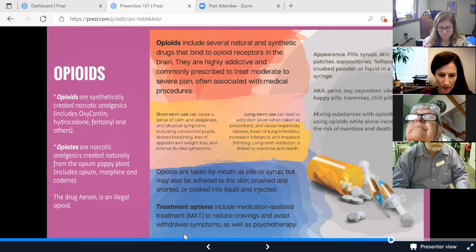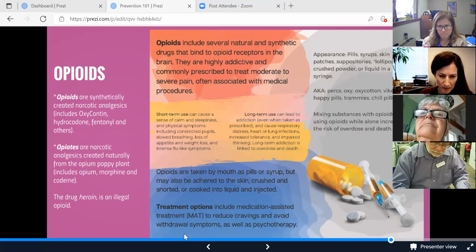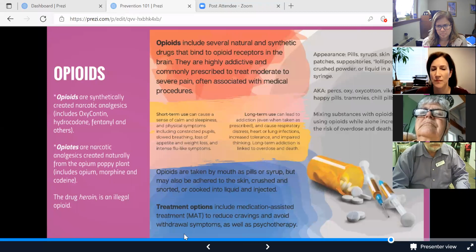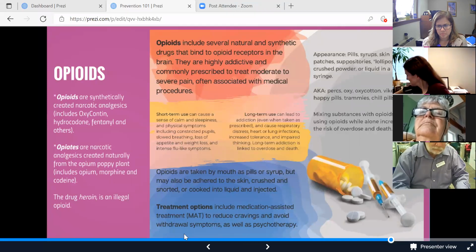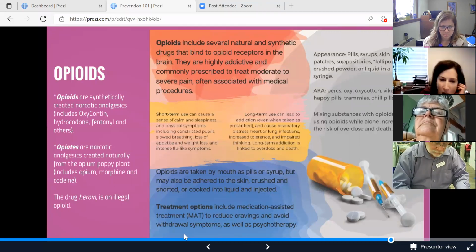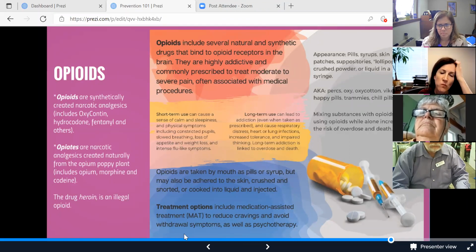So they include the chemical naturally from the poppy plant. Those drugs usually are opium, morphine, and codeine. Opioids are usually things such as Oxycontin, hydrocodone, fentanyl, and a couple others. Heroin is also an illegal opioid.